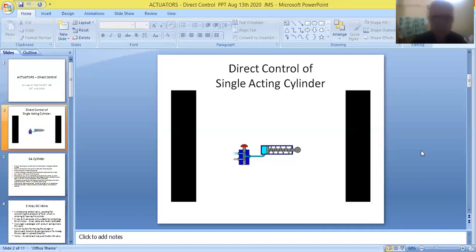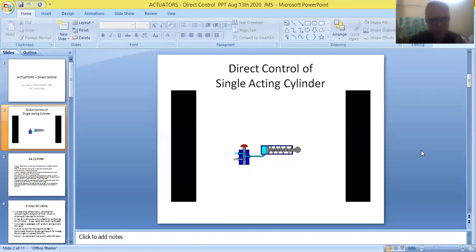So friends, this is the arrangement to be made for having direct control of a single acting cylinder used either in a hydraulic circuit or hydraulic system, or in a pneumatic circuit or a pneumatic system.